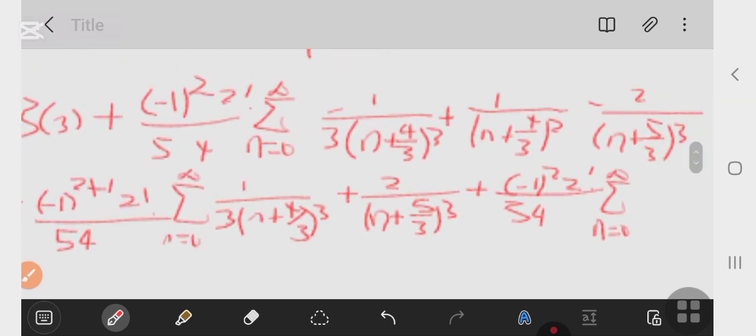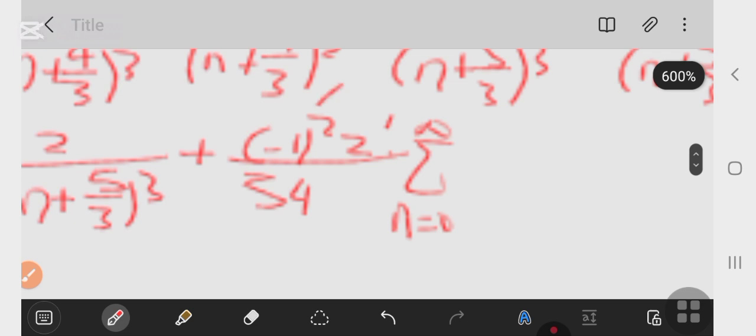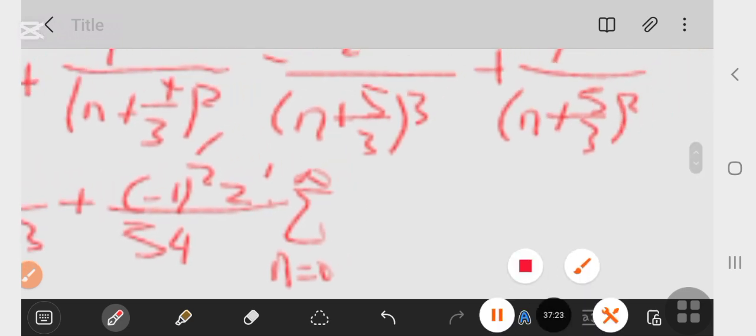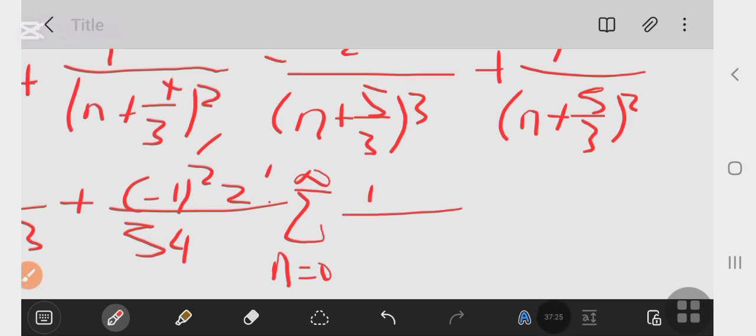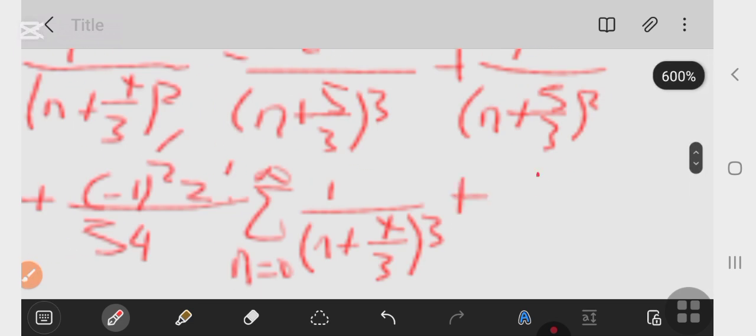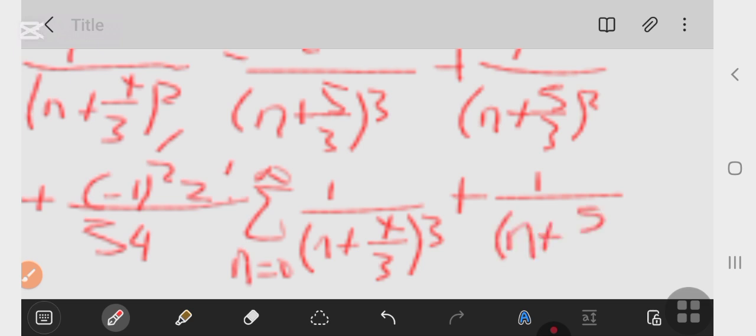The first one, this 1 over n plus 4 over 3 cube, then the other one plus 5 over 3 to the power of, sorry, this is square, not cube.